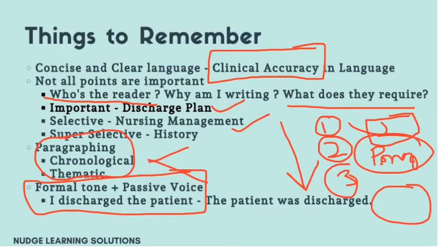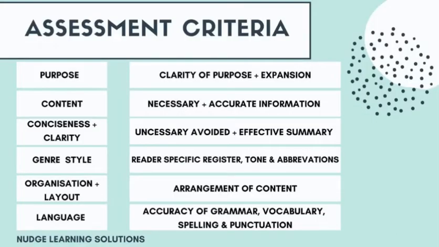Now, how is this letter assessed by the examiner? After writing the exam, your letters will be sent to Australia, where 2 assessors will be looking at your test paper. What are the things that they look for in your letter? First, is the purpose clear? That is the clarity of the purpose and how the purpose is expanded throughout the letter.